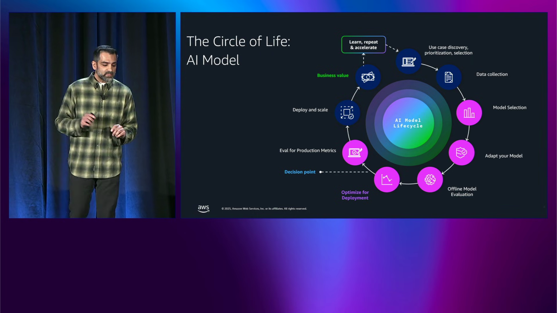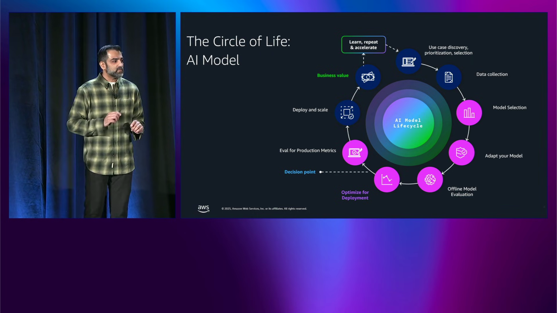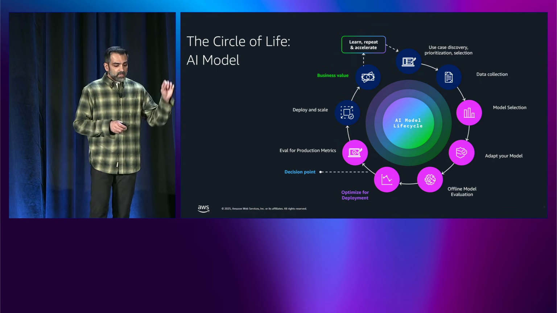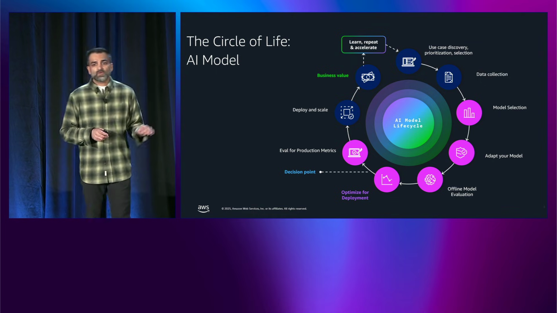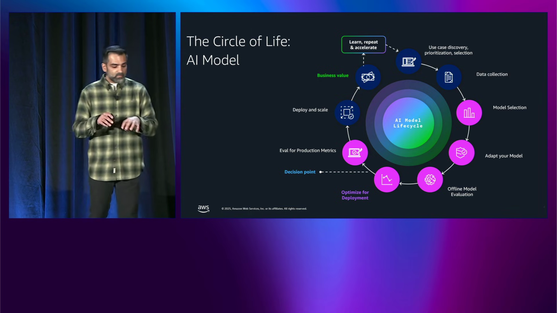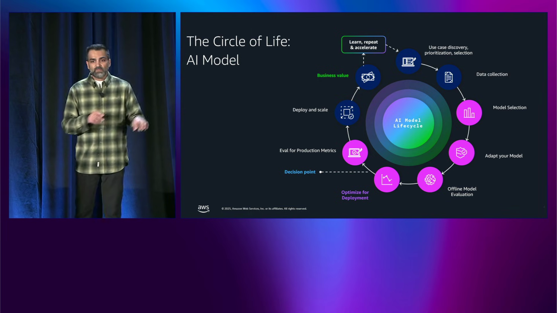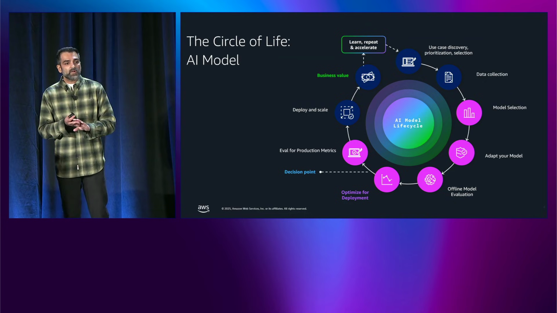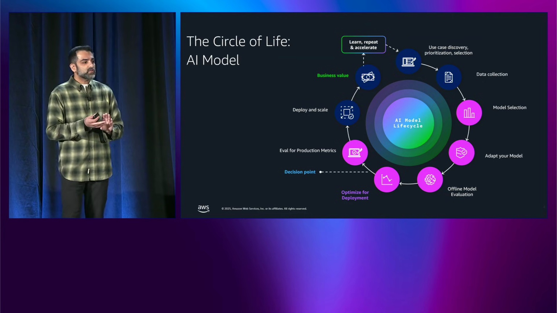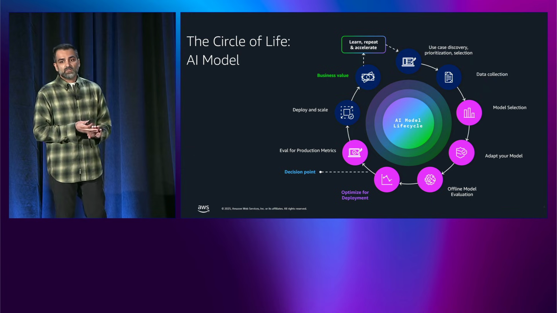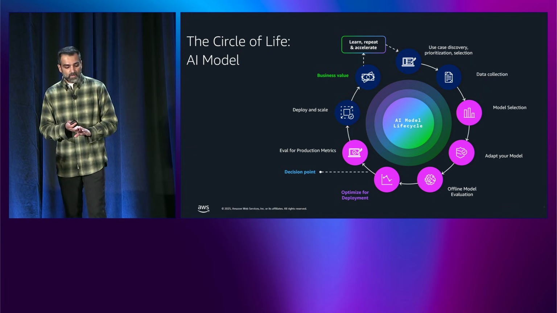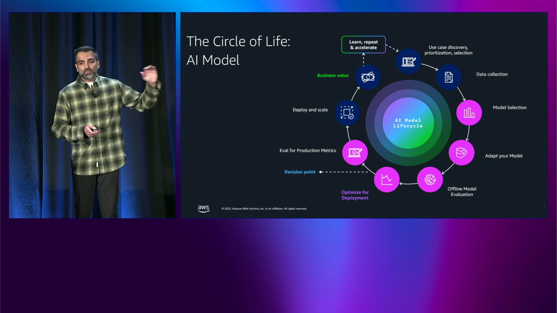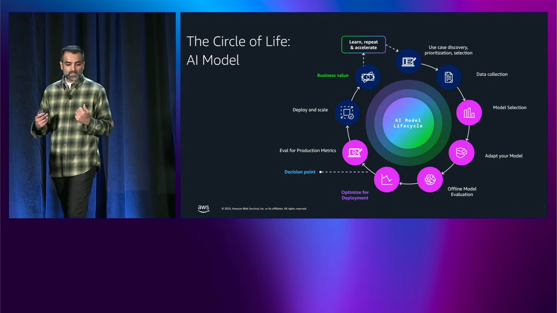The reason for that is the decisions you make along this part of the circle are really going to dictate the business value metrics you're going to see at scale, right? So if we can optimize the circle of life at this level first, choosing the right model, choosing the right hardware to deploy that model to, choosing the right libraries and techniques to adapt that model in the most efficient way, we're going to be able to optimize all the way through to our deployment lifecycle and then scale it up, right?